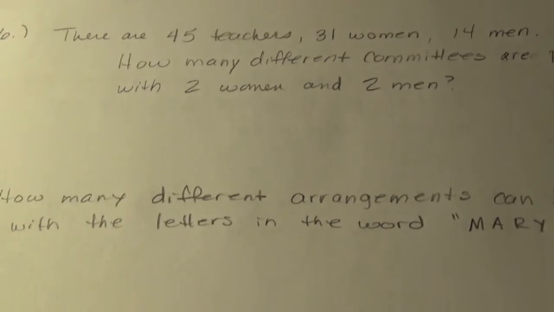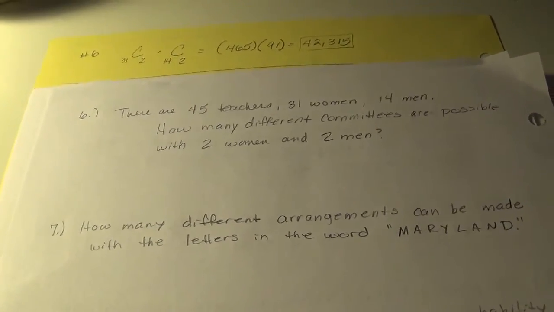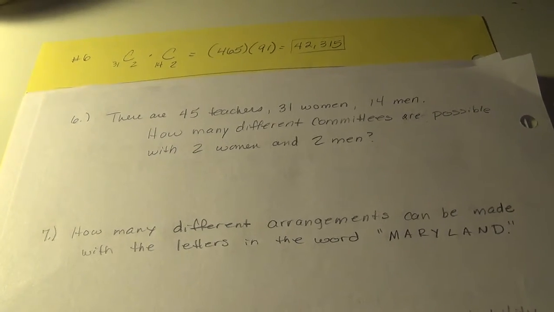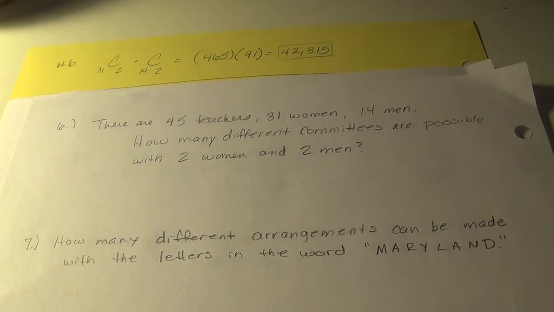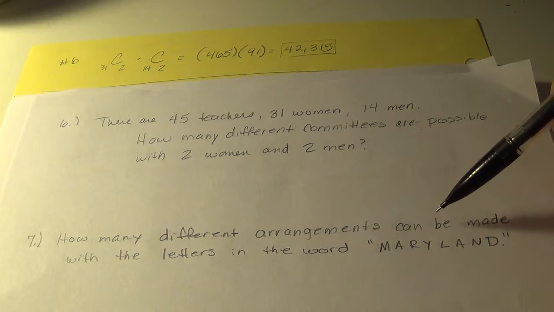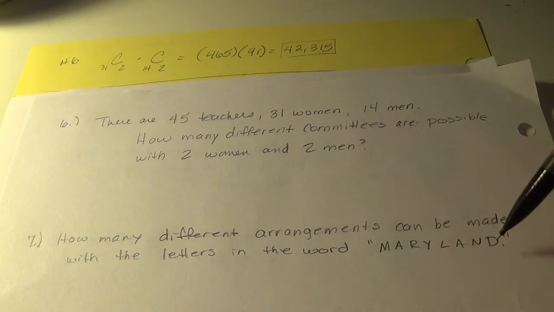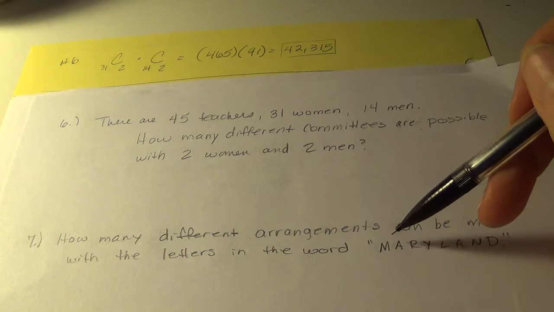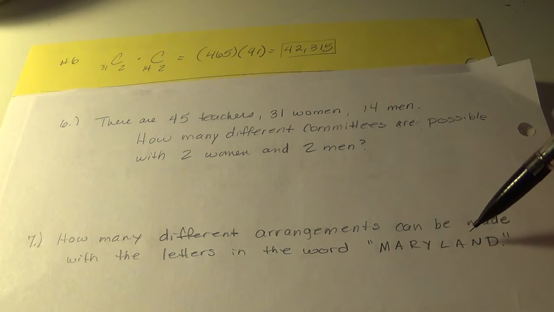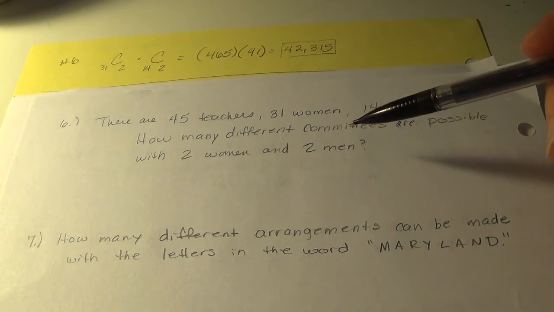All right, number 7. How many different arrangements can be made with the letters in the word Maryland? Because we have some letters that are repeated, just the A's, we have to account for that. We learned that the number of distinguishable permutations is n factorial, which is 8 factorial, divided by the number of repeats.